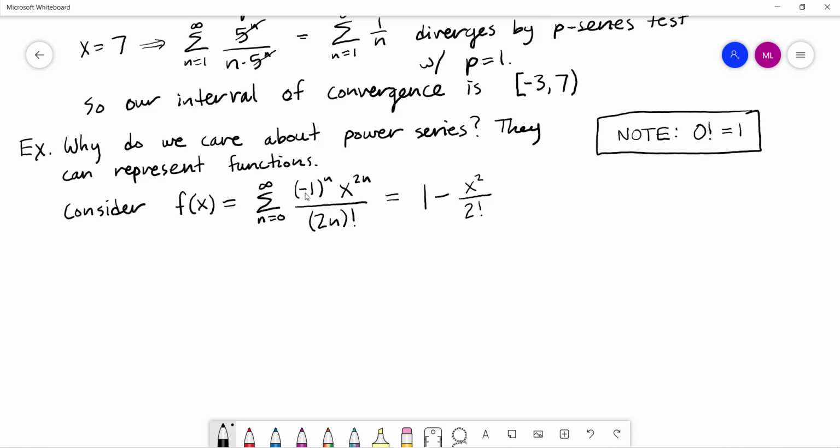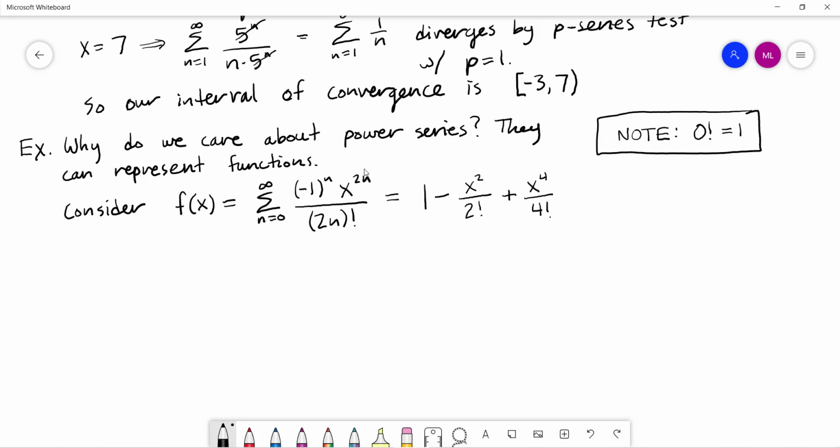When n equals 2, I'm going to get -1 squared. That's back to a positive, so I'm going to have a plus for this next term. Again, n is equal to 2, so this power is now 4. So I'm going to get x to the 4th power in the numerator, and in the denominator, 4 factorial.